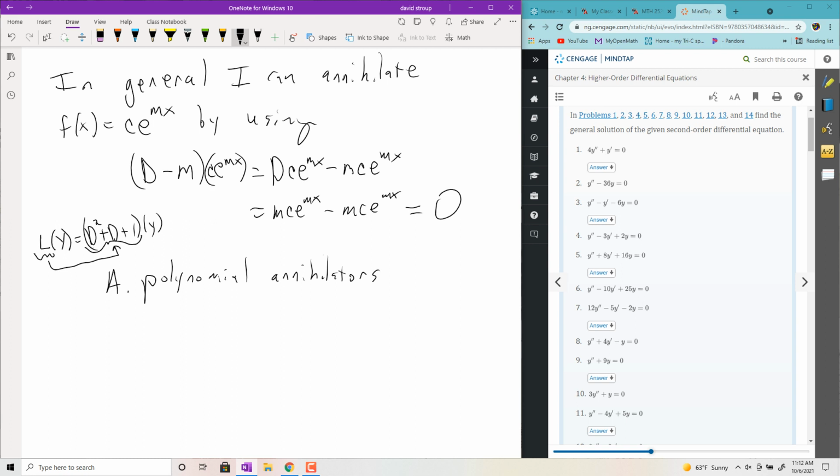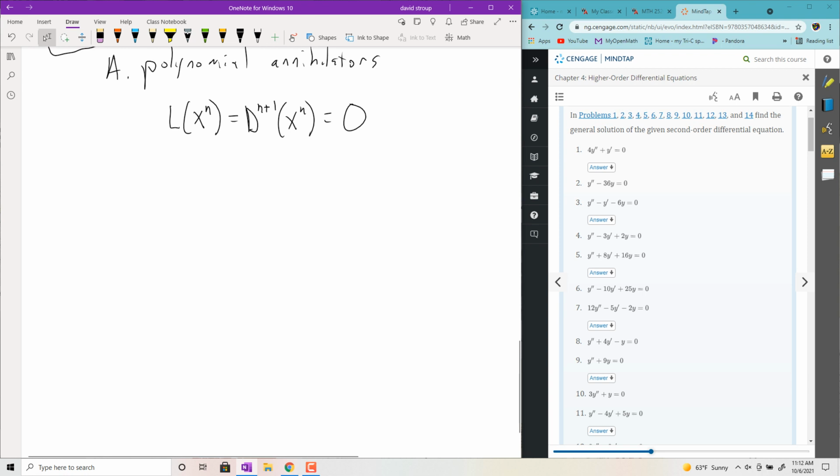So what we're doing is looking to annihilate some polynomial x to the n, some variation of that, and in order to do that we need to take its n plus first derivative. That applied to x to the n will equal 0.